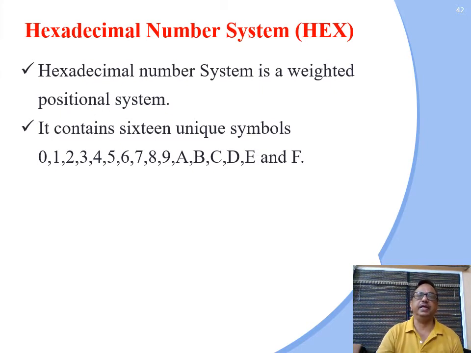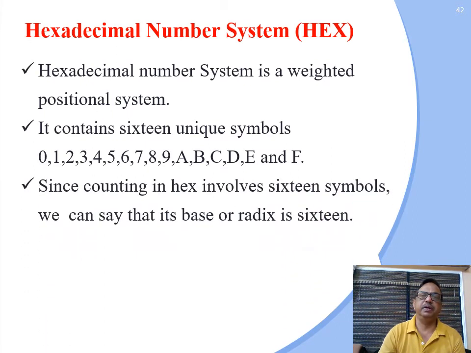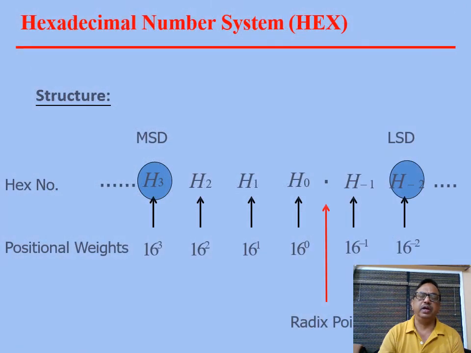A is equivalent to 10 of the decimal number, B is equivalent to 11, C is equivalent to 12, and so on, up to 15, where F is equal to 15 and E is equal to 14. In this way their positional values are there.